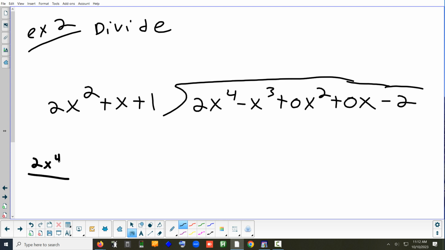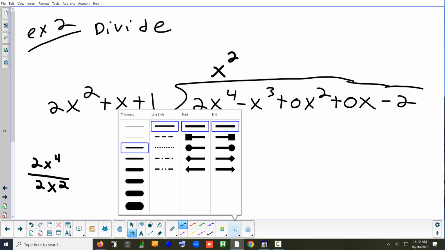So you're going to divide 2x to the fourth by 2x squared, and then you do get x squared. So that's your first step.